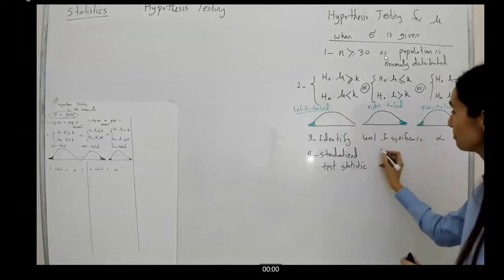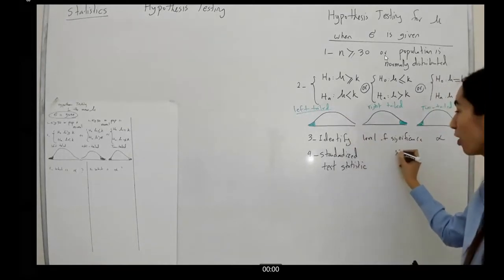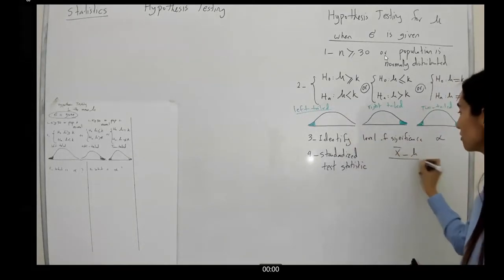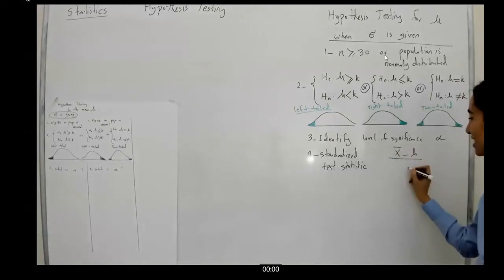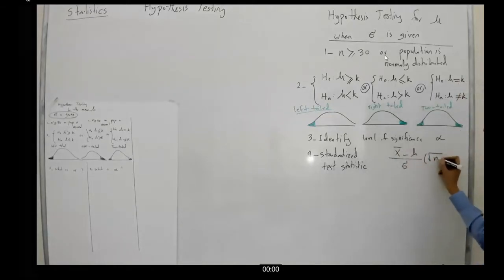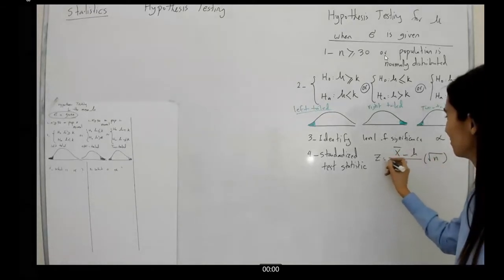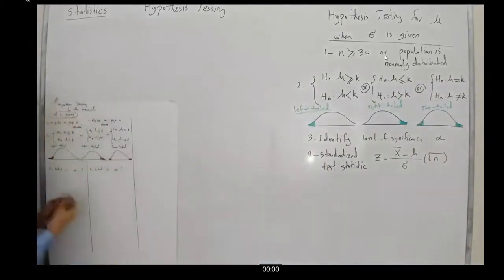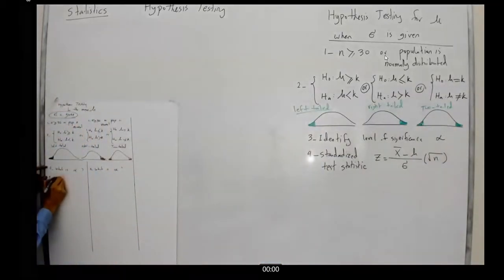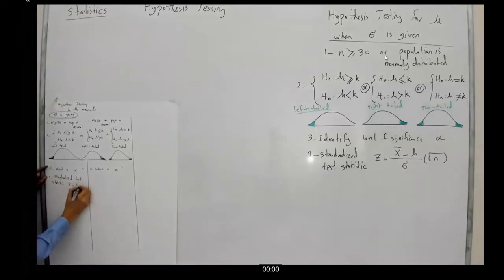We flip that: X bar minus mean divided by sigma times square root of n. So, the standardized test statistic Z is X bar minus mean divided by sigma times square root of n.